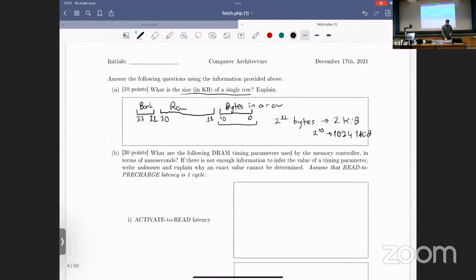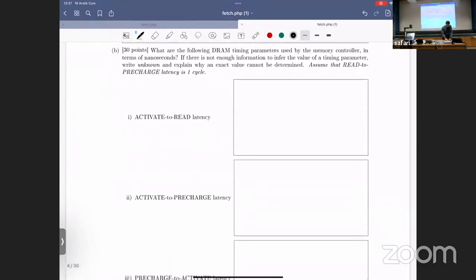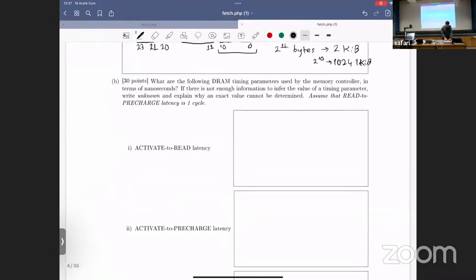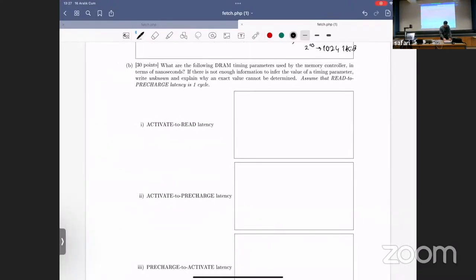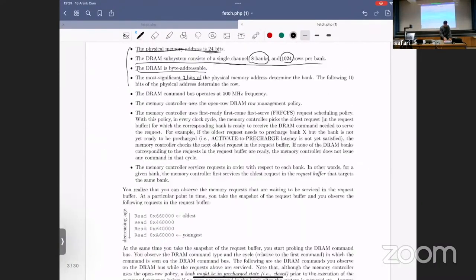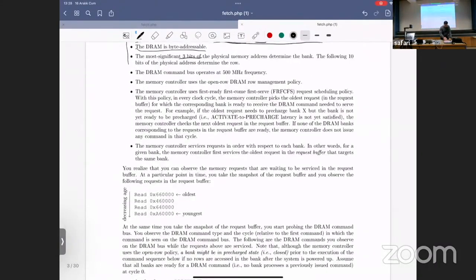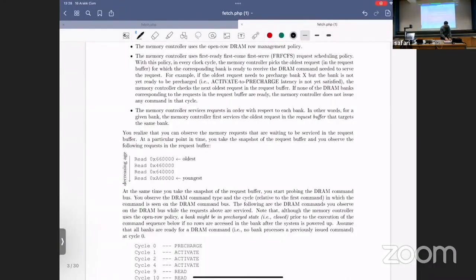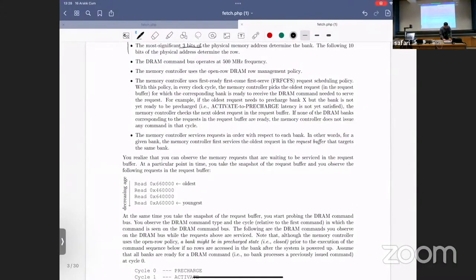The second question asks about the DRAM parameters in 3 bullets, and if we can determine them. If we can, the question asks for these timing parameters in nanoseconds. To solve this, we need to revisit all the bullets and the requests that we executed.